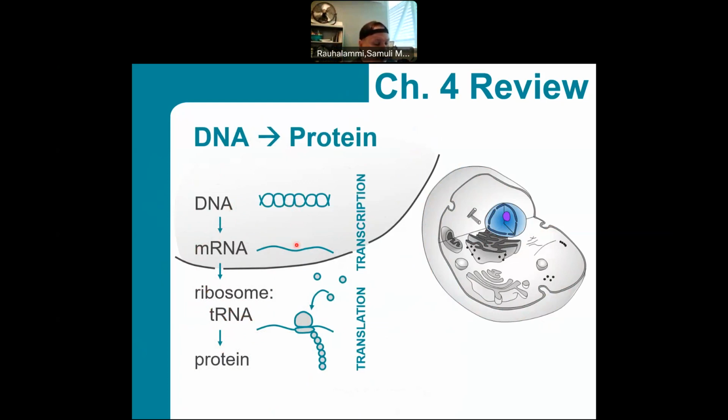This process of making a copy of the DNA, making an RNA copy of the information in it, is known as transcription. So just like you can transcribe, in the olden days when they had secretaries that transcribed what the CEO told them and then typed up the letter, that process of making a copy from DNA into RNA is known as transcription.